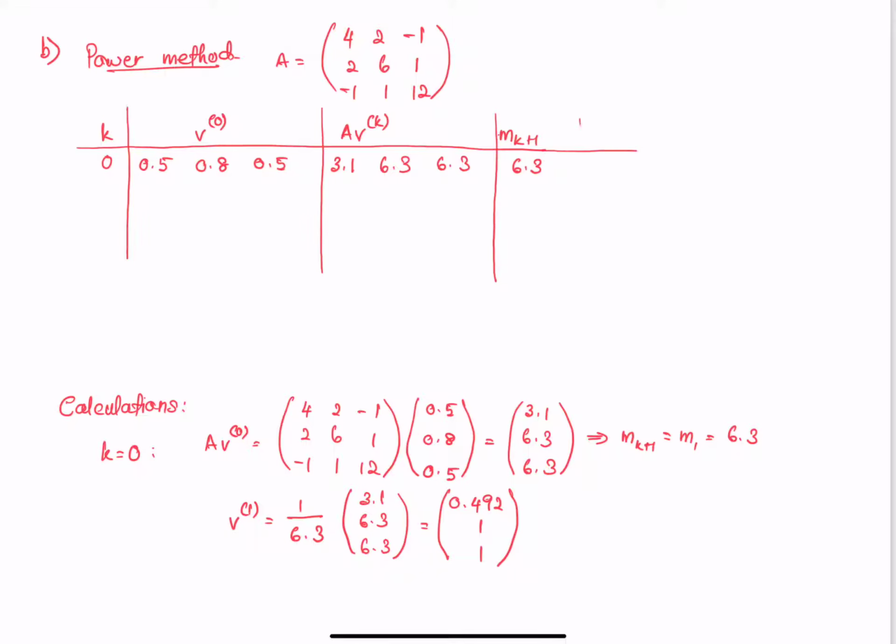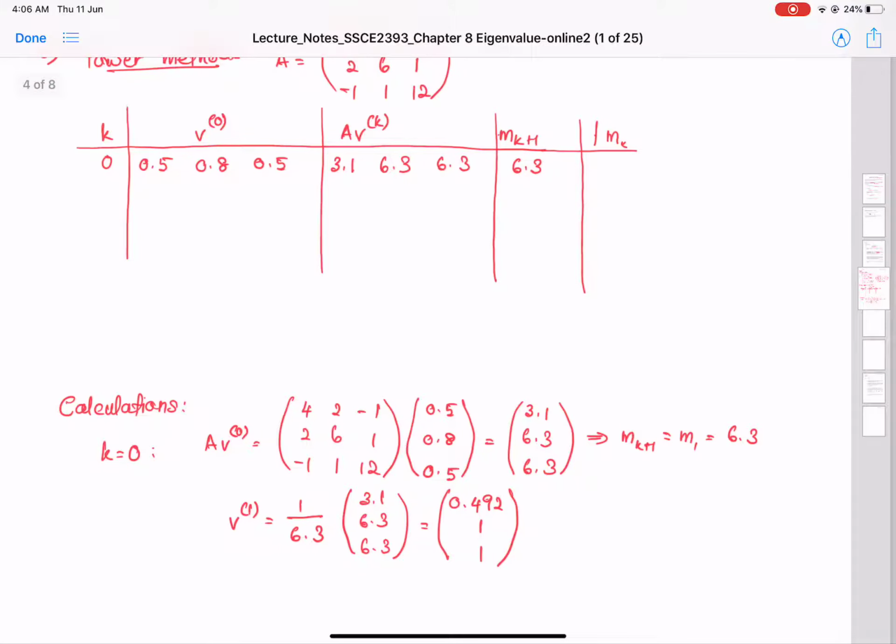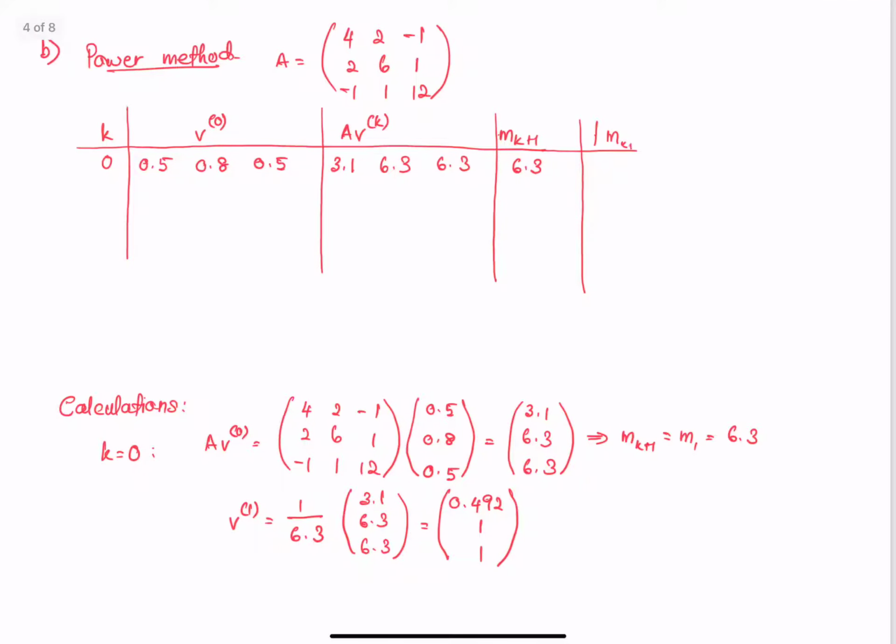And we also need to determine our epsilon, where the epsilon criterion that I showed you yesterday is MK plus 1 minus MK. So of course, we cannot find it.